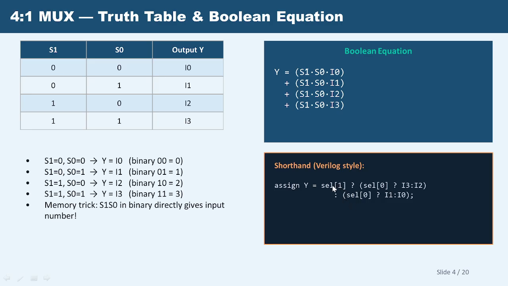Now let's try to solve it. For the first condition, in the first truth table row, select line 1 is 0, so the condition becomes false.